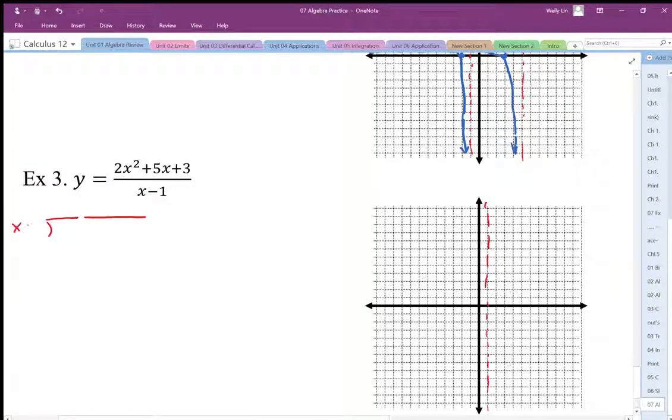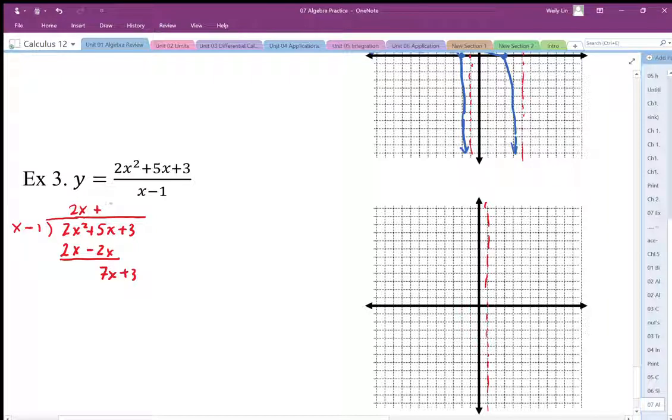So I get x minus 1 into 2x squared plus 5x plus 3. Okay, so that's going to be 2x. That's going to be minus 2x. So we end up with 7x when we subtract that, plus 3.